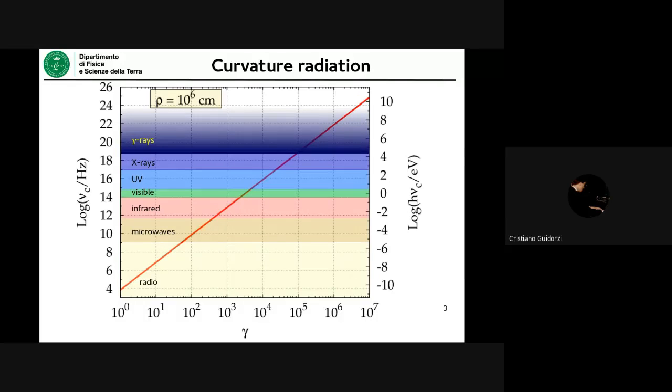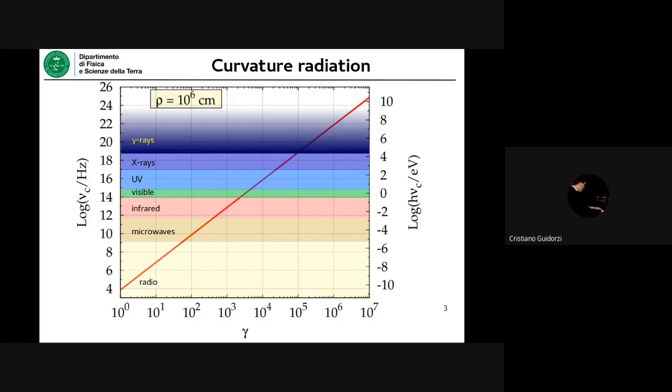And what you see is just a pulse of curvature radiation. Since in the region close to the surface of a neutron star there can be huge electric fields for many reasons, you have a region in which electrons can be accelerated to extremely high energies.